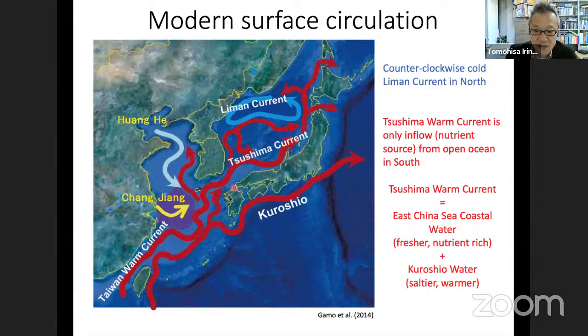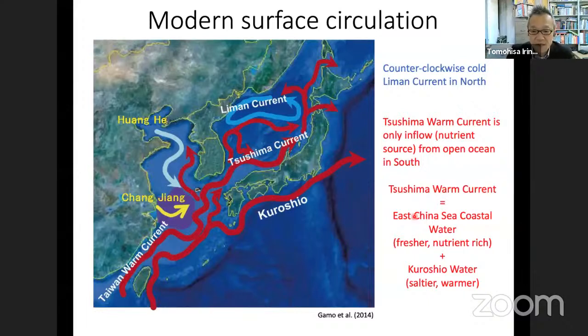This current consists of the East China Sea coastal water, which is fresher and nutrient rich, and underlain by relatively saltier and warmer water.